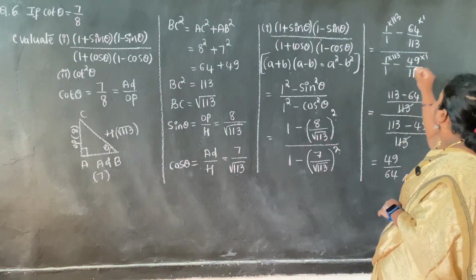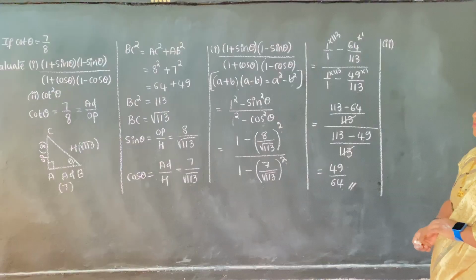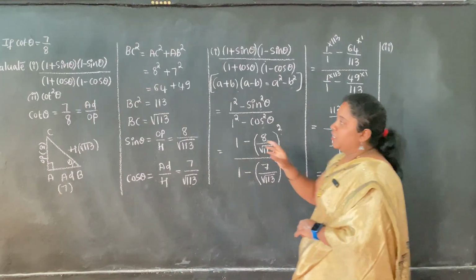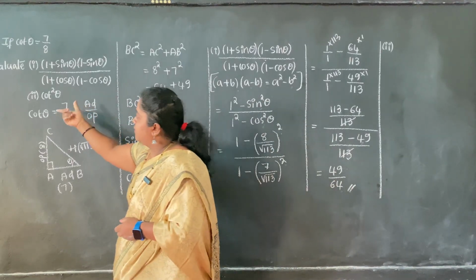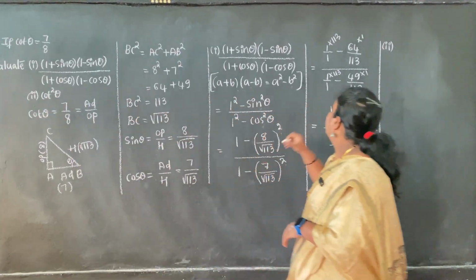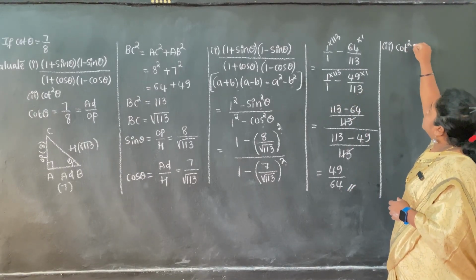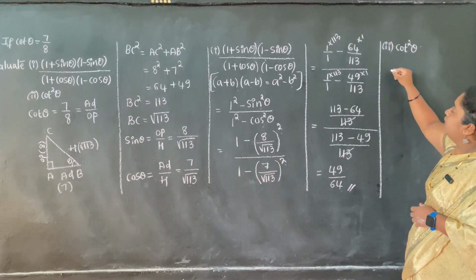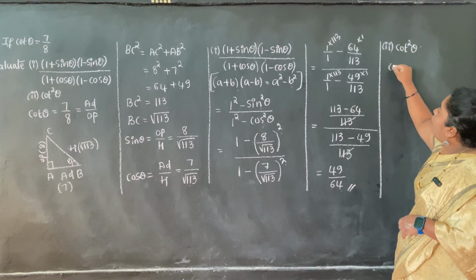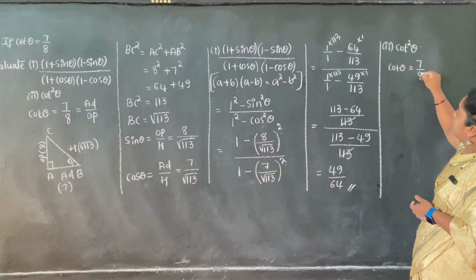Fine. So we'll calculate the second one right now. See, first question we got the answer, and here the evaluation of the second question is also given, that is cot square theta. Now we'll calculate the value for cot square theta. Cot theta itself is in the question, that is 7 by 8.